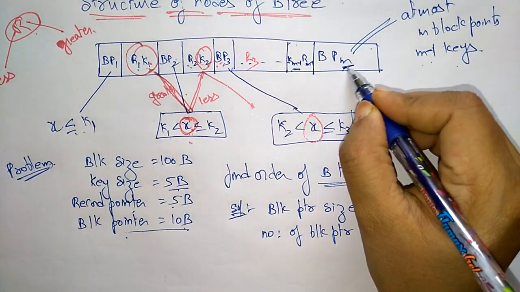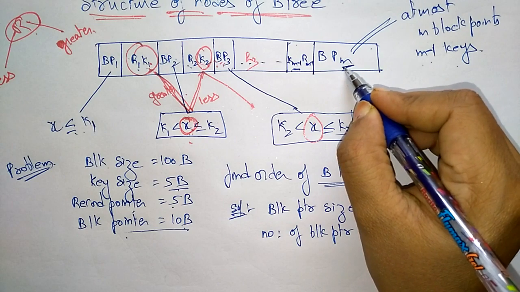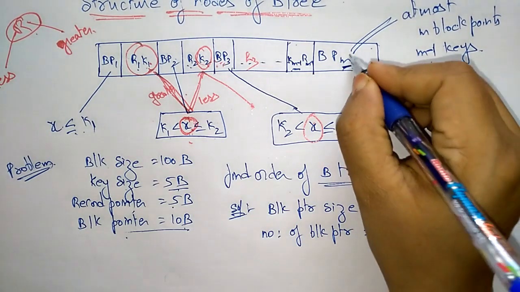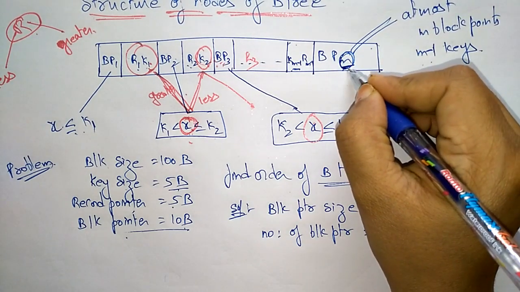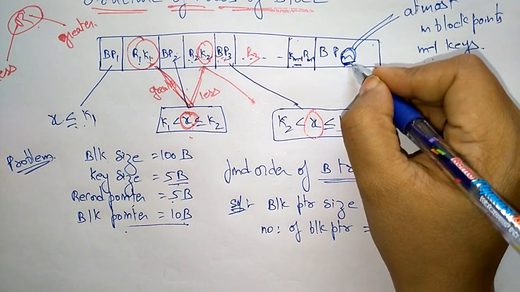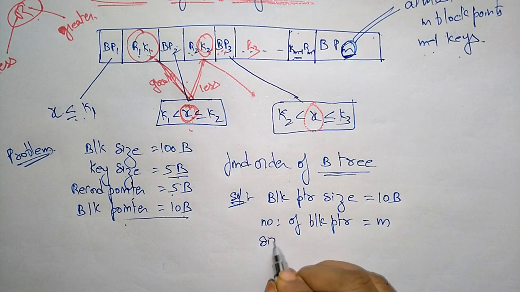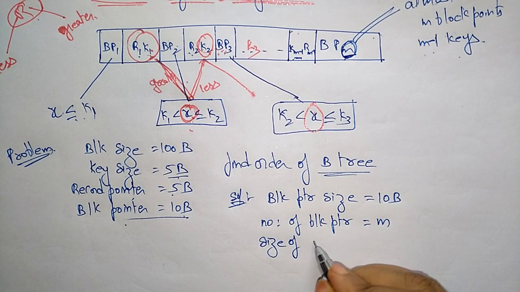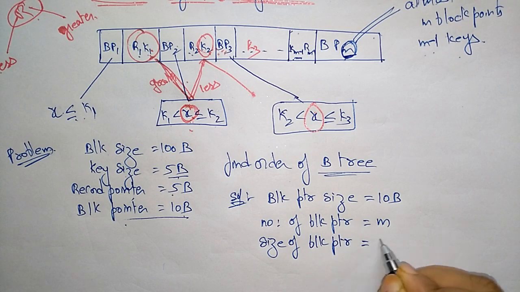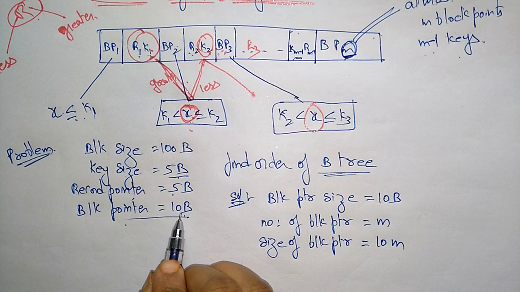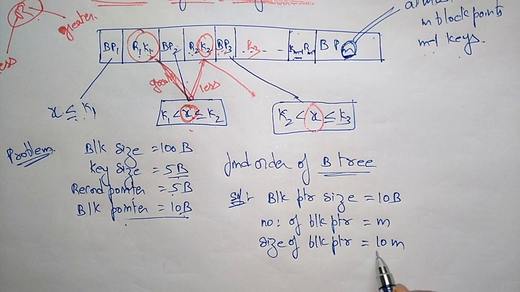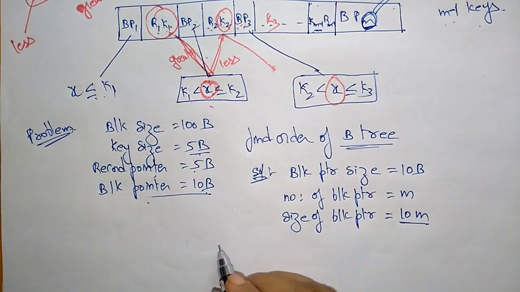The number of block pointers is M, so up to M block pointers you can save. So the size of the block pointers is 10M, since each block pointer is 10 bytes.